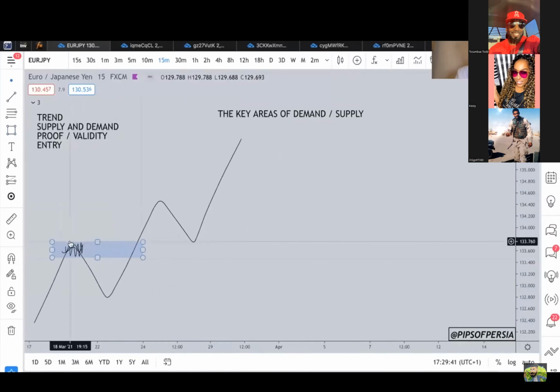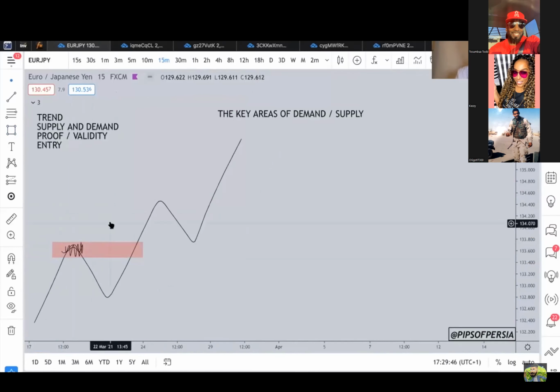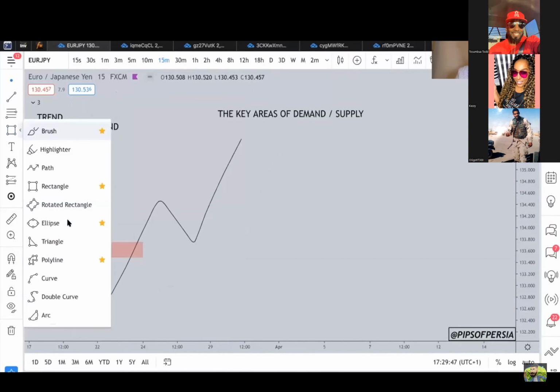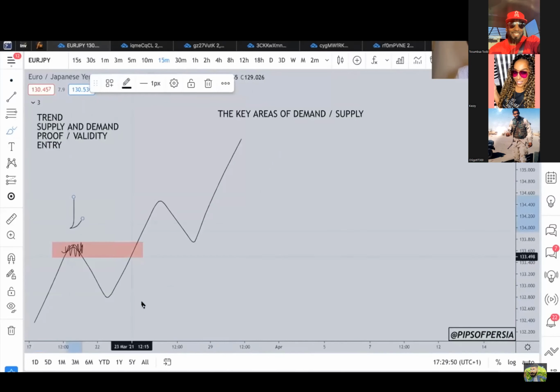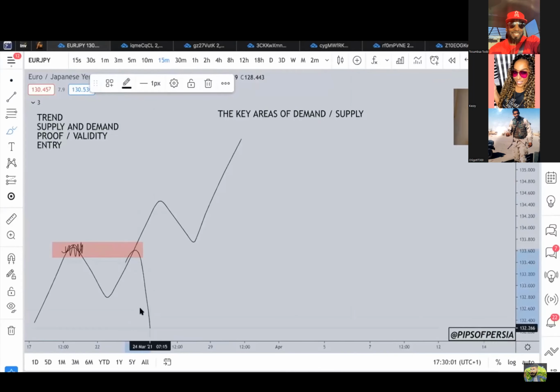This over here is going to act as a future area of supply, which means if supply was introduced once, there's a chance it can be introduced again for this to come lower. Now, if that doesn't happen, it begs the question, why? Why did that not take place? If the market didn't reject this supply and go back down, you should start to ask yourself the question: number one, why didn't it get rejected? And number two, what was the cause that invalidated that level, right? And what I mean by that is this.